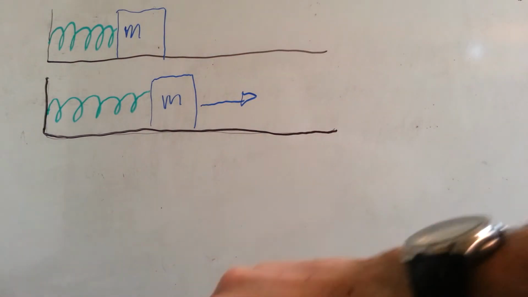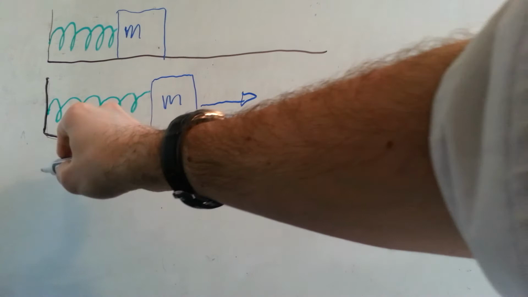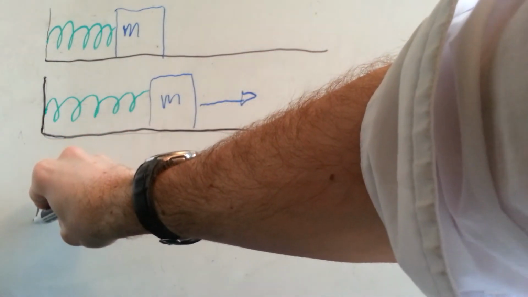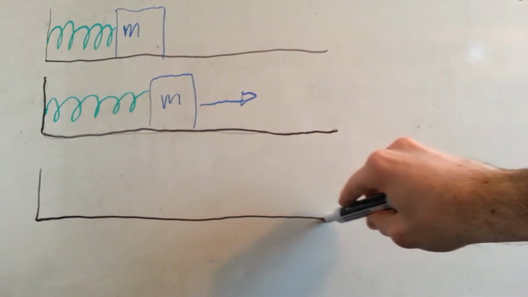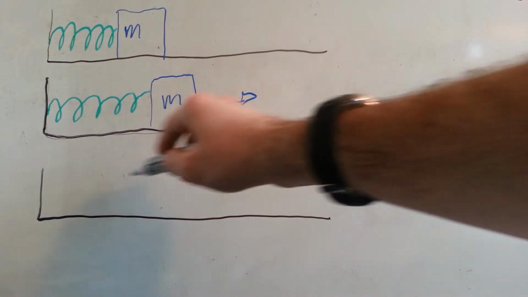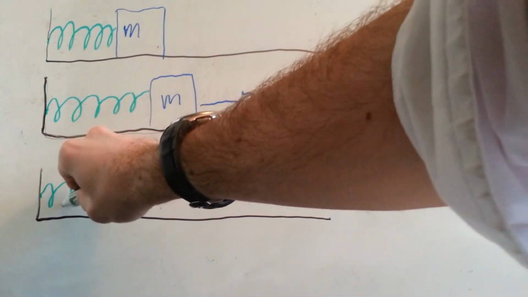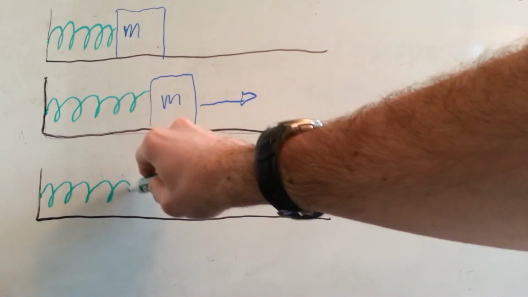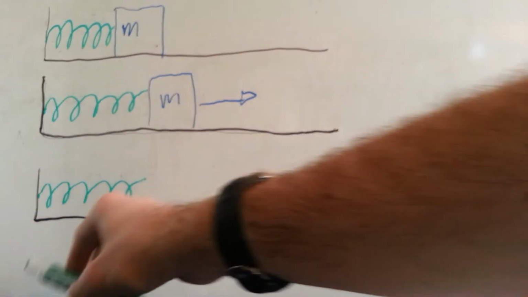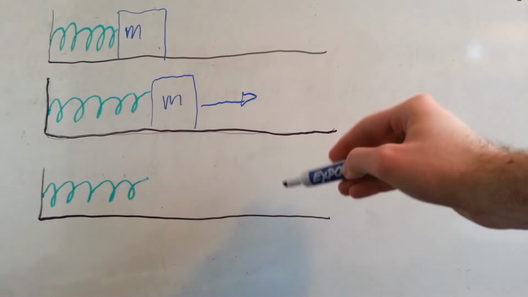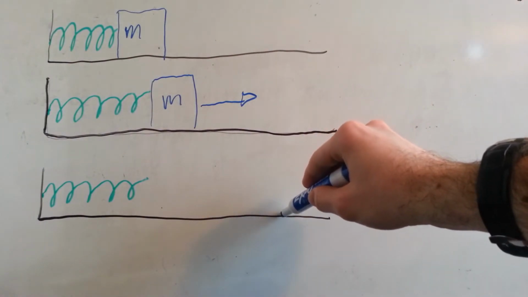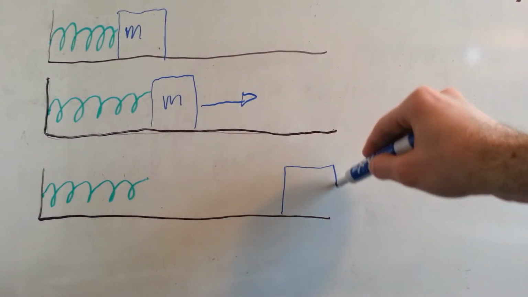And then the third picture is when it comes to rest. We still have the spring, not that it's relevant anymore, but it's still fully extended. And the block is, let's say, over here.